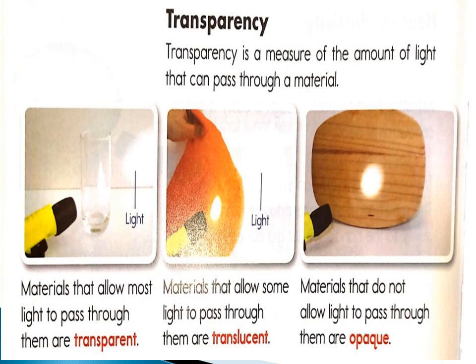So they are called translucent materials. And does this piece of wood allow the light? No, it does not allow any light to pass through. So this is called opaque materials. So transparency is a measure of the amount of light that can pass through a material.